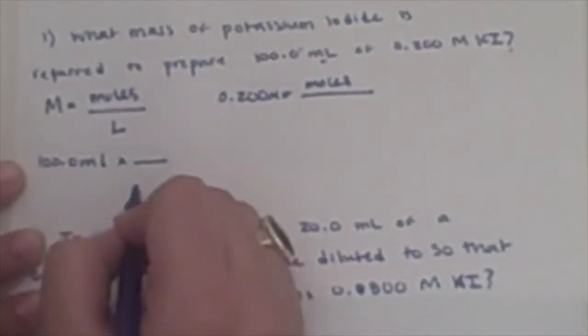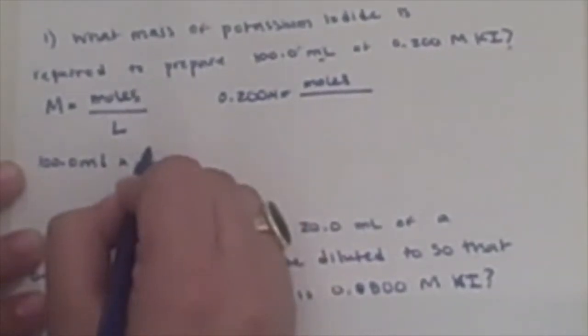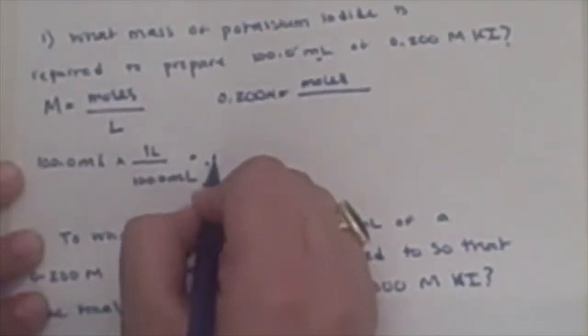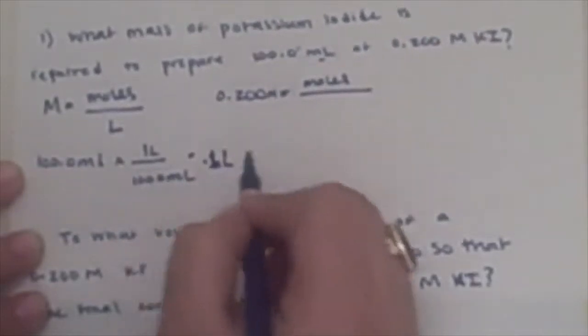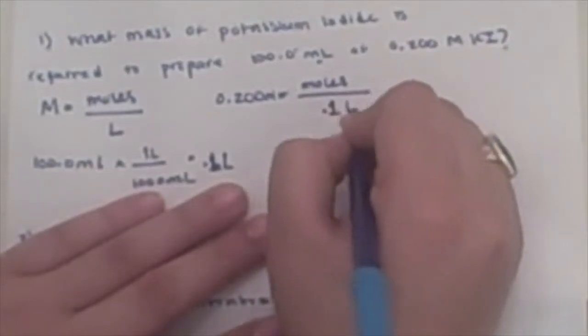We know that for every 1 liter there's 1,000 milliliters. So that gives us 0.1 liter of solution. So we're just going to put that over here.